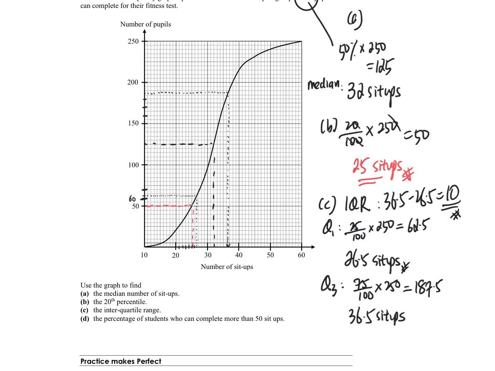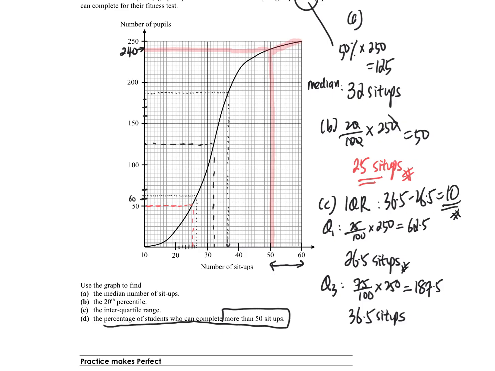Percentage of the students who complete more than 50 sit-ups. So more than 50 is here. Can you see? More than 50 sit-ups is the group here. This group of people. So go and read this mark here. It is at 240, right?